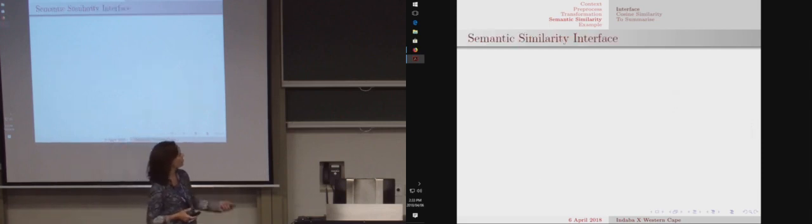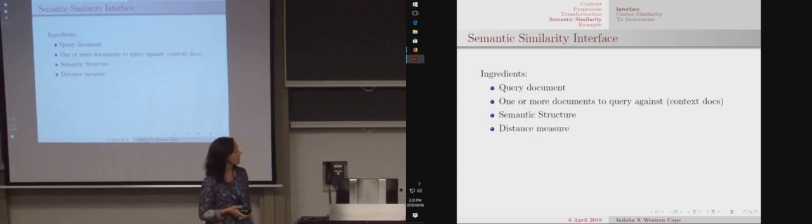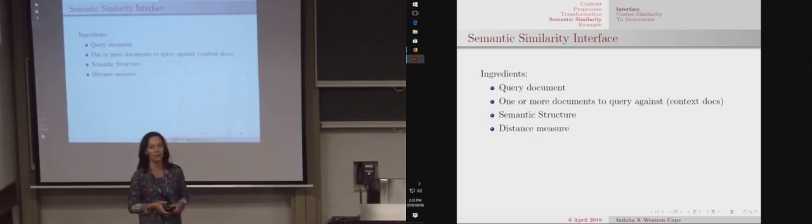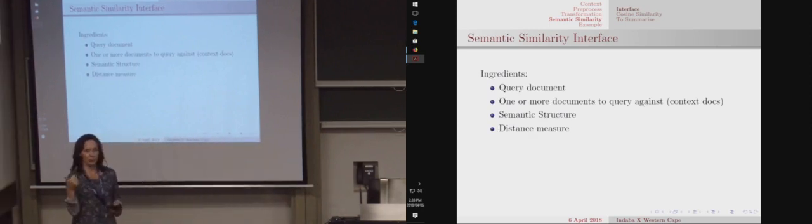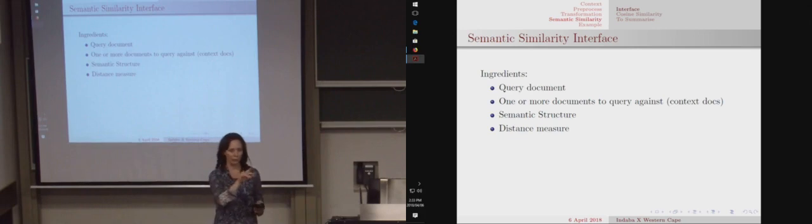So what do we want to do now? We want to look at semantic similarity. First of all, what are the ingredients? We need a query document. Think of it as when you Google something and you type in what you are searching for, that is a query.